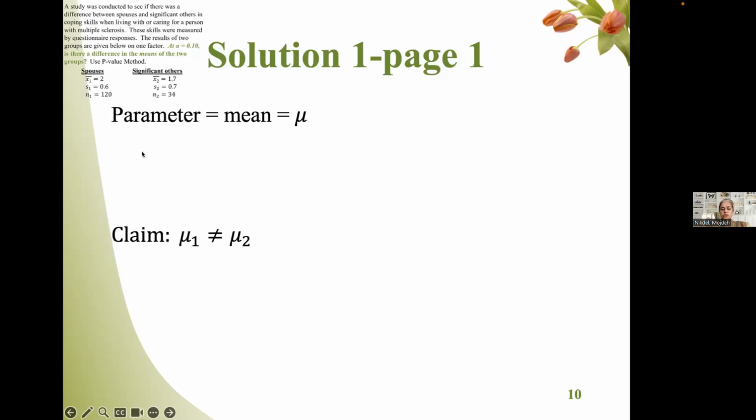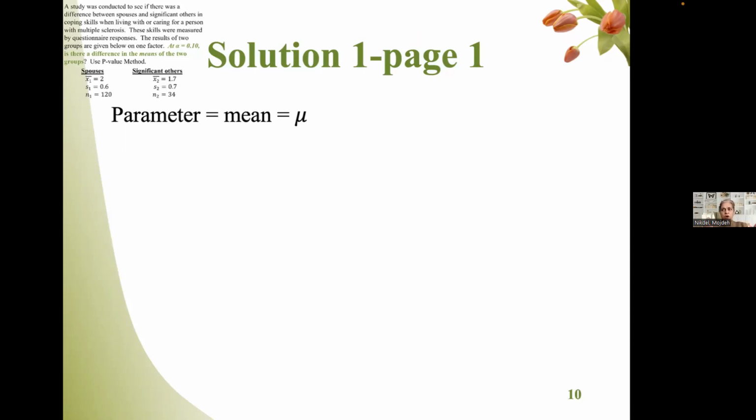You're going to use z-test. What is our claim? It says at alpha equal to 0.10, is there a difference? So they're saying that the means are different from each other.